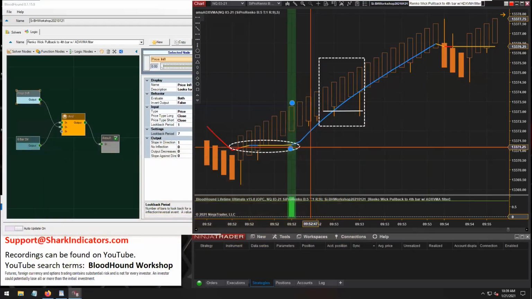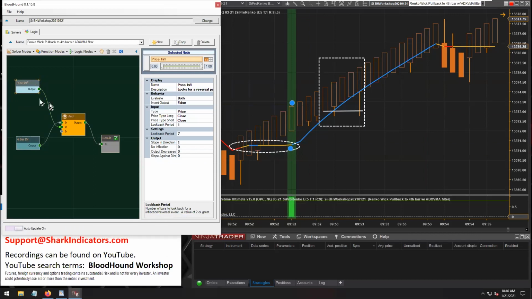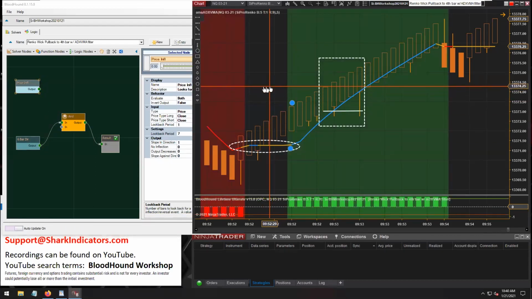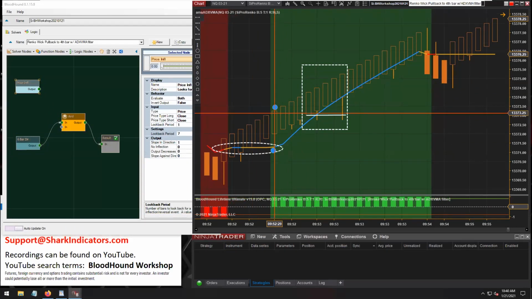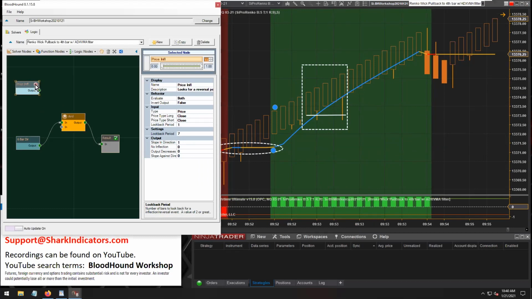So we don't want this price inflection to limit those. As long as we continue to have a trend in the same direction, entries are going to be allowed. So let's just get rid of this price inflection altogether.